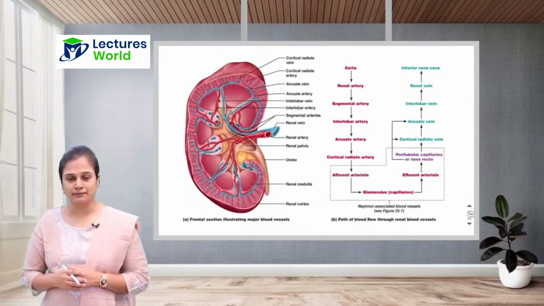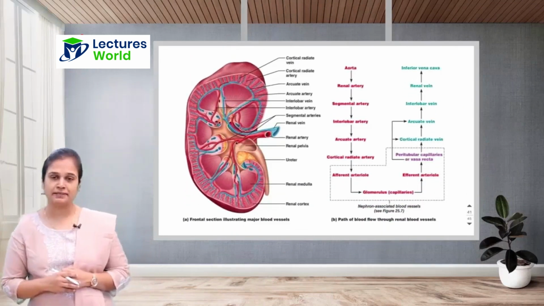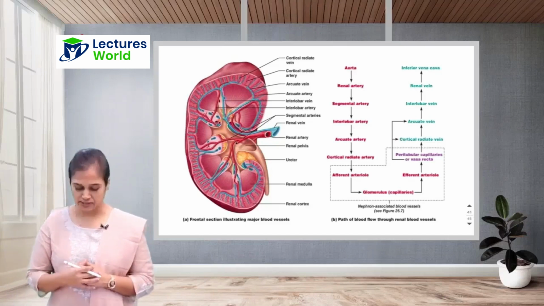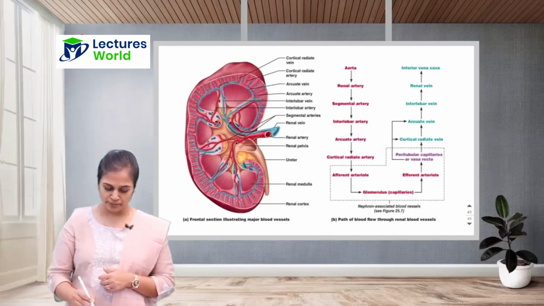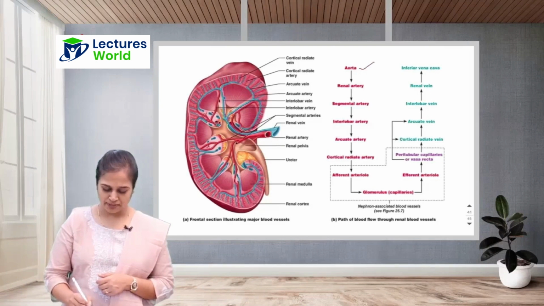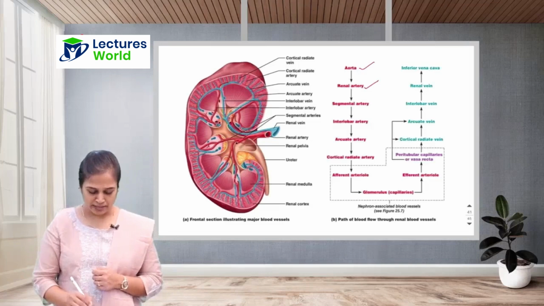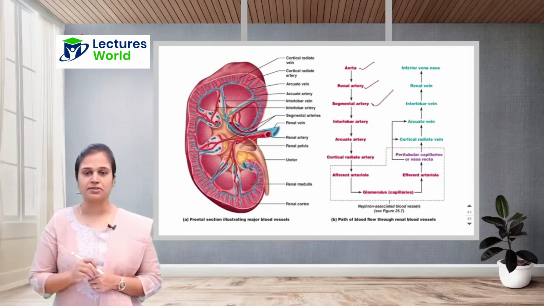In blood supply, we will see from where the kidney receives blood and in which vein it drains the blood. From the aorta, blood comes into the renal artery. The renal artery branches into the segmental artery.